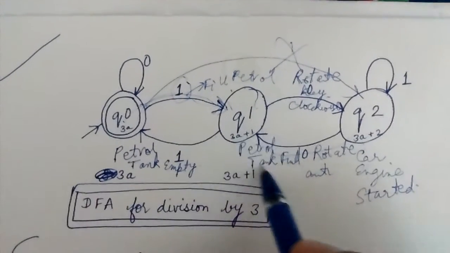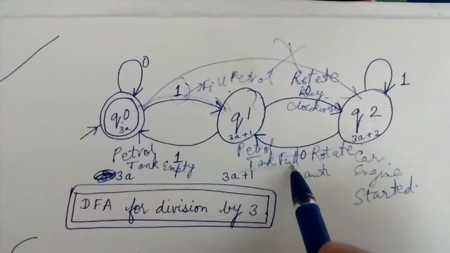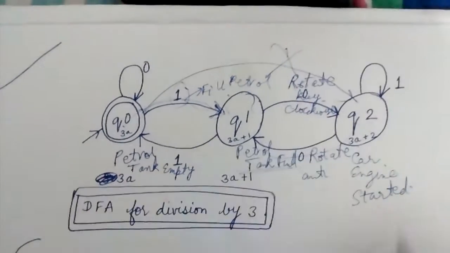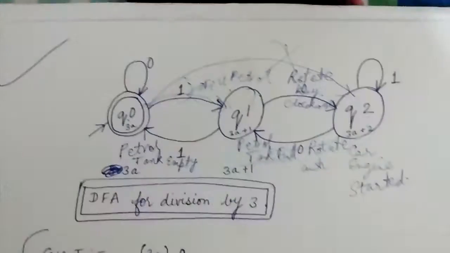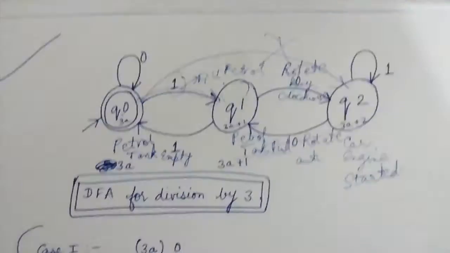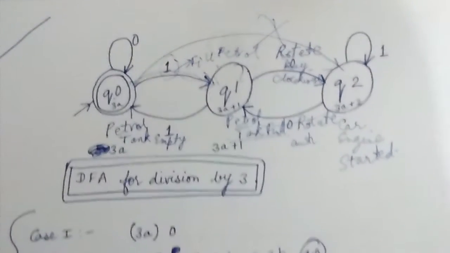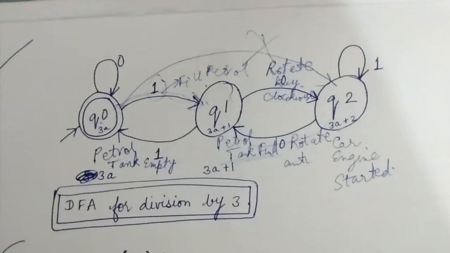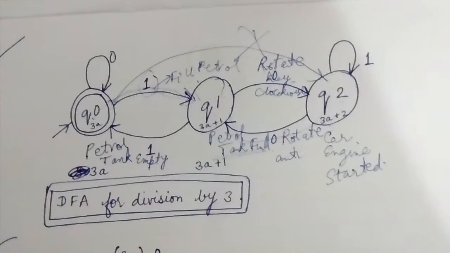It stops the car. The petrol tank still remains full. These kinds of transitions might be there in a real world example, but for us the transitions will be like this. So now this is a finite state machine, or a deterministic finite state machine, or automata, whatever you say.